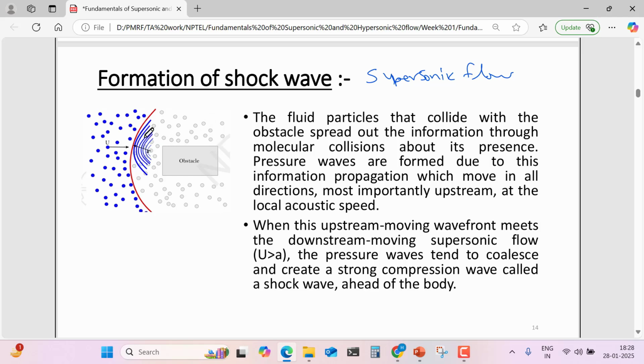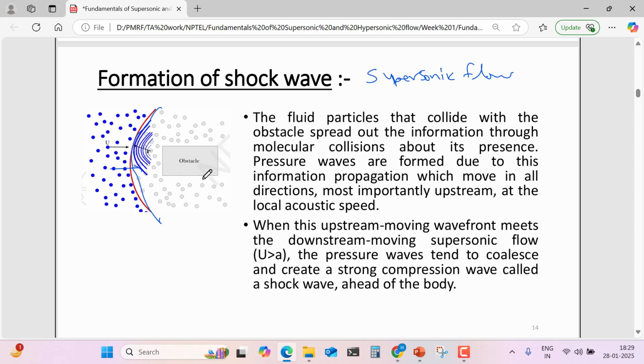It will travel everywhere, but it is mainly important in the upstream direction, because in the upstream direction, due to the flow, all these pressure waves will coalesce and form a strong compression wave.